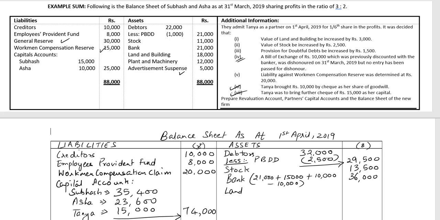Land and building. 18,000 is the original figure. We increased land and building by 3,000 rupees. So now it's 21,000 rupees. Plant and machinery. There is no change in the value of plant and machinery, rupees 12,000.